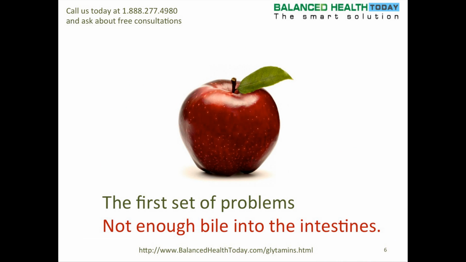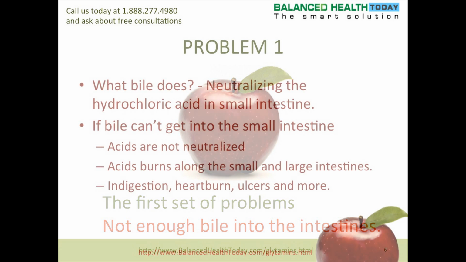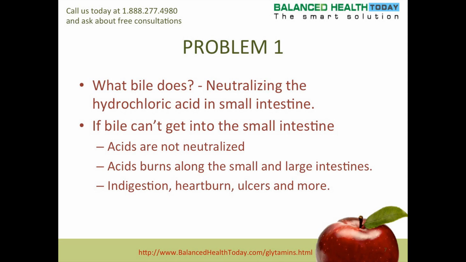Let's start with the first set of problems and consider what happens when the bile becomes too thick or full of stones to reach the intestines in required amounts. The first thing that bile does in the small intestine is to neutralize the acidity of the food coming out of the stomach. In order to disinfect and digest the food that we eat, the stomach secretes hydrochloric acid.